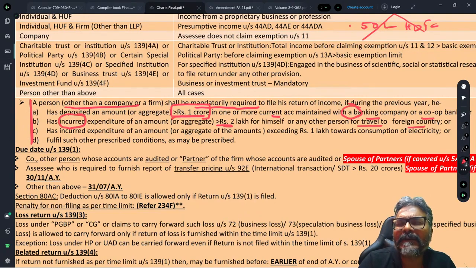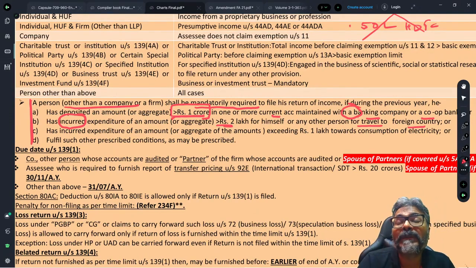Then in the foreign country the hotel stay was another 1 lakh, and some lodging and boarding and other sightseeing was 50,000. So ticket fare 1.5 lakhs, hotel booking 1 lakh, then sightseeing and all 50,000. That was the expenditure which I have incurred.